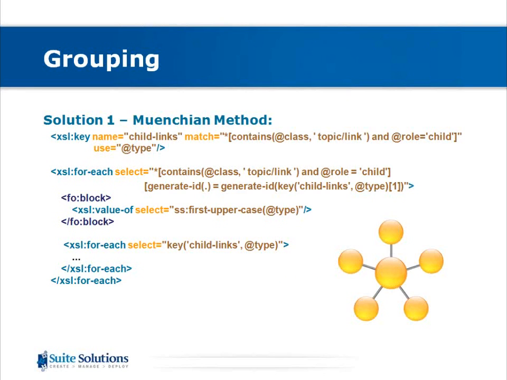When it comes time to use that key for grouping, we do it as follows. We have an XSL for-each, which goes through each element in the selected set of elements.